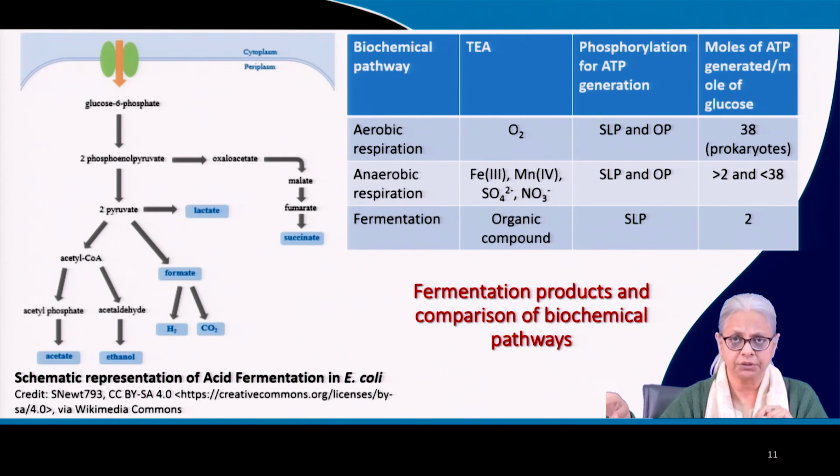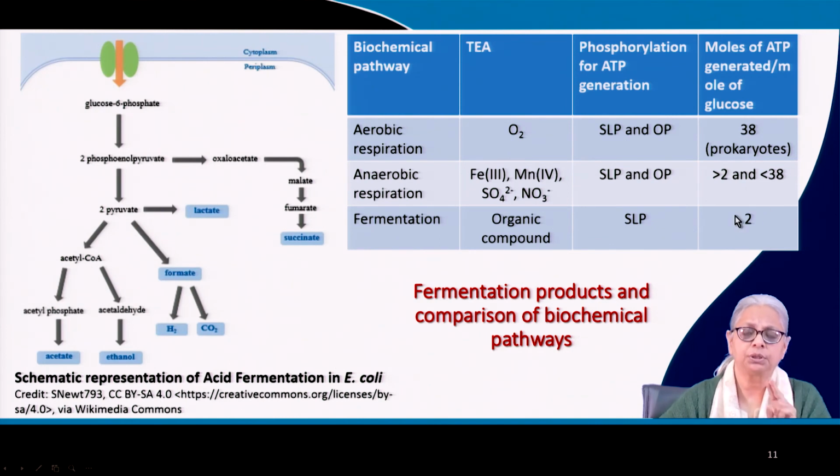There is no further generation of ATP, because that reducing power, which happens through the electron transport chain, does not happen in the fermentation reaction. So 2 moles of ATP per mole of glucose. The terminal electron acceptor in this case, as well as the electron donor, is the same organic compound.